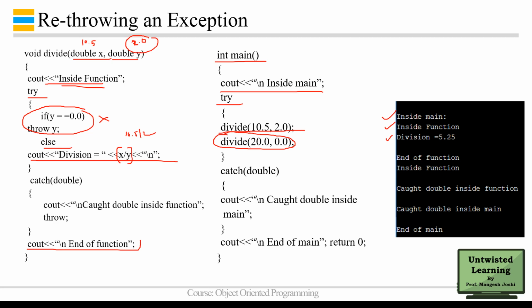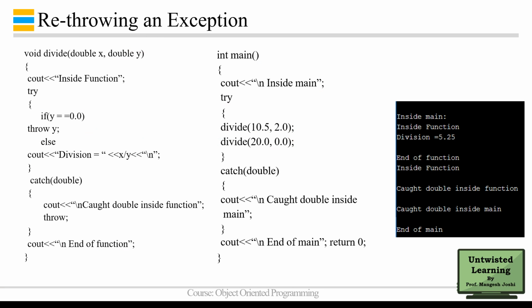It will go to end of function and then the second function will be executed. Now again for the second function the value of x is 20 and y is 0. Now it will print inside function this statement.